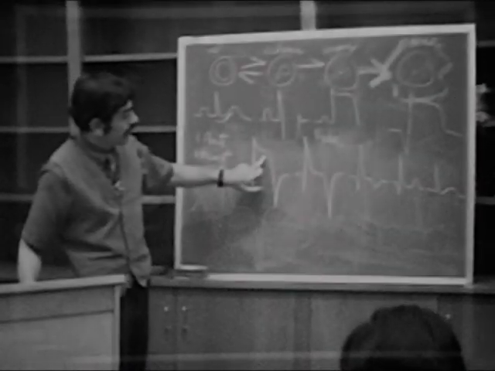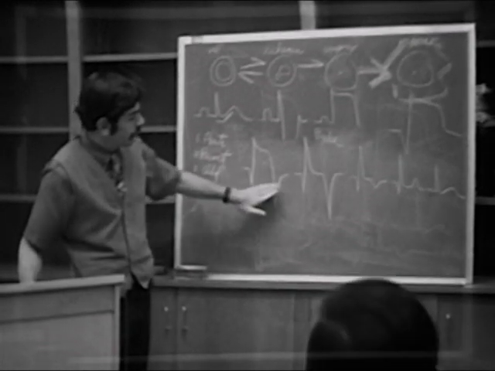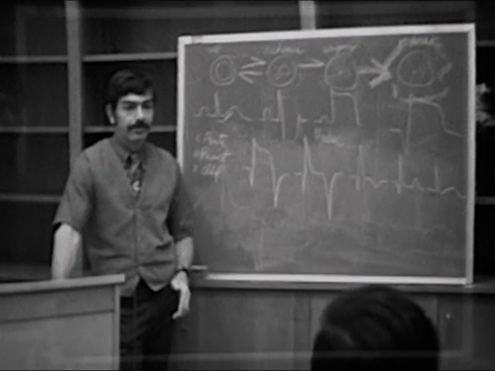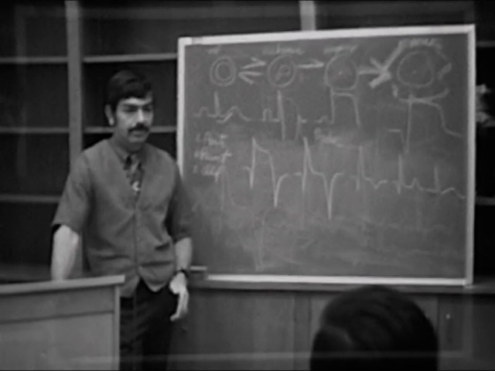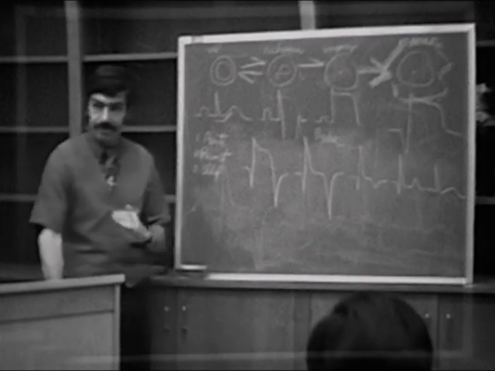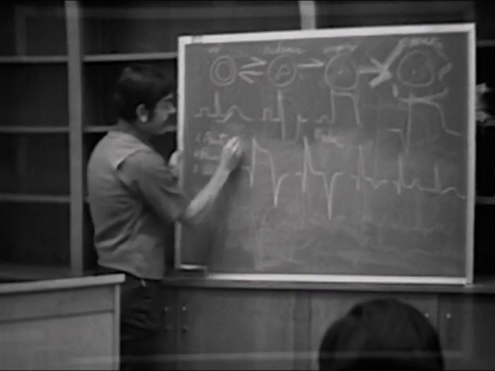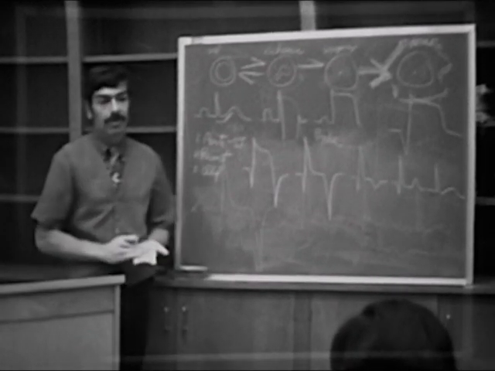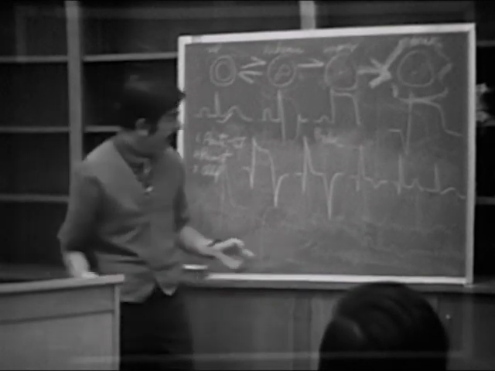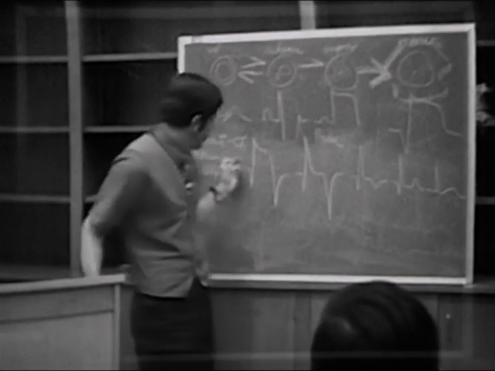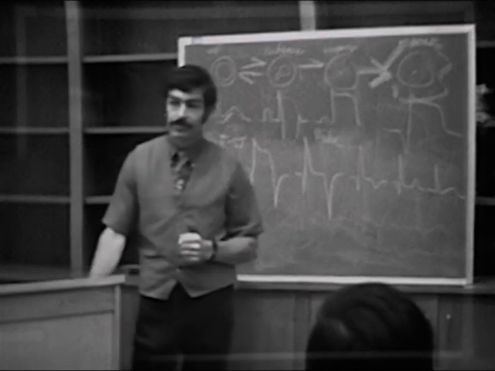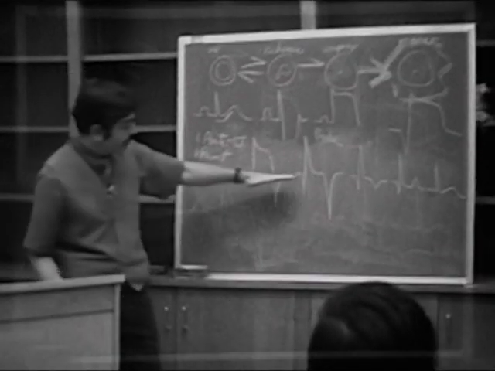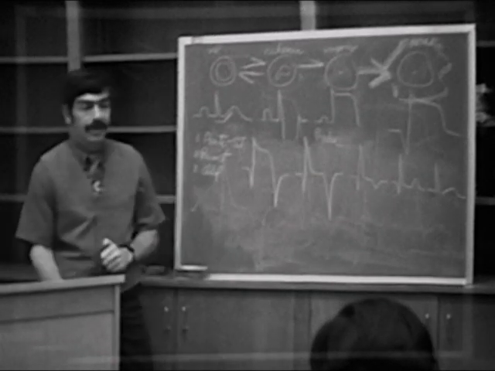Let me ask you now, what do you consider to be an acute infarction? What's the sign of the acute infarct? Right. ST segment elevation is the sign of the acute infarct. Okay, what's the sign of a recent infarction? The ST segment has returned to baseline, and then what happens?